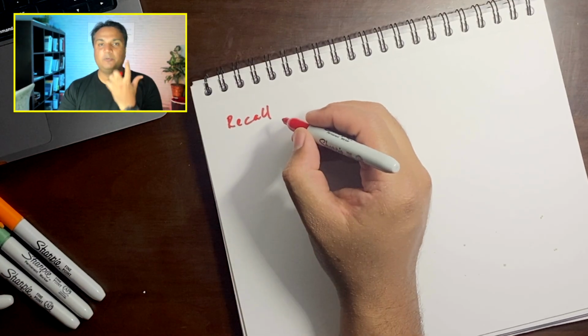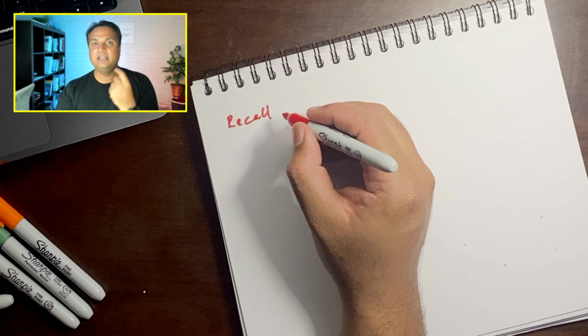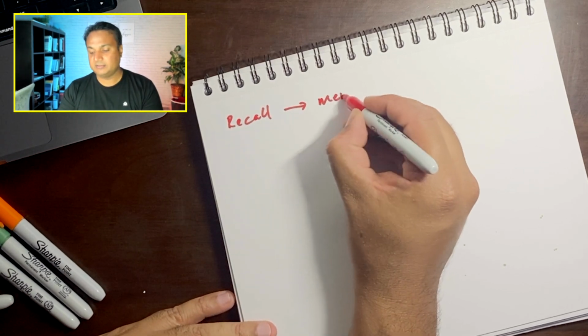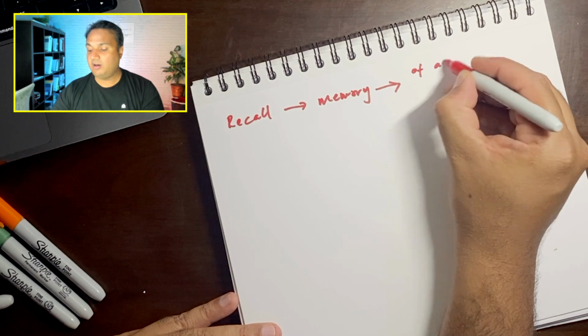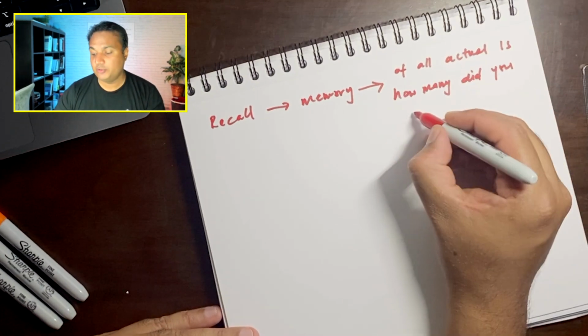Now, what does the word recall mean? It is basically related to memory, and it means that if you have seen something or memorized something, how well are you able to recall that? Recall in this case is also that. It basically means that of all actual ones, how many did you correctly classify?